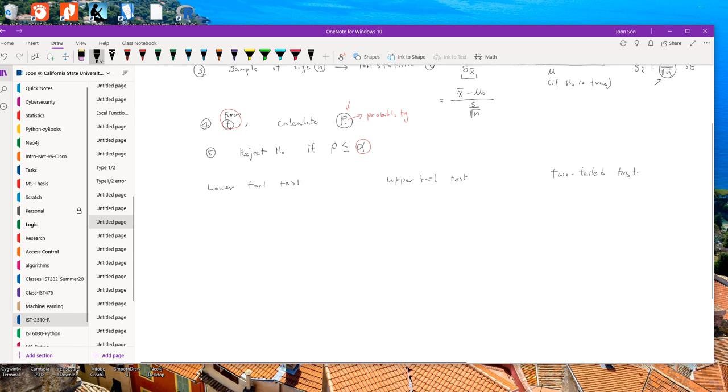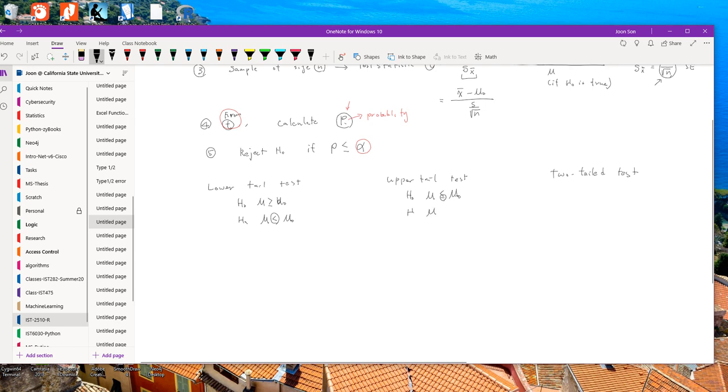For the lower tail case, the null hypothesis is mu greater than or equal to mu naught, and the alternative hypothesis is mu less than mu naught. For the upper tail, make sure there's an equal sign in the null hypothesis.